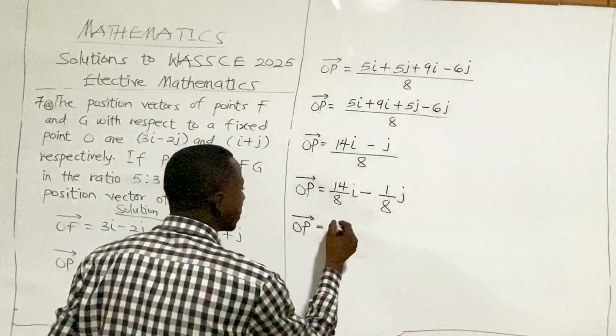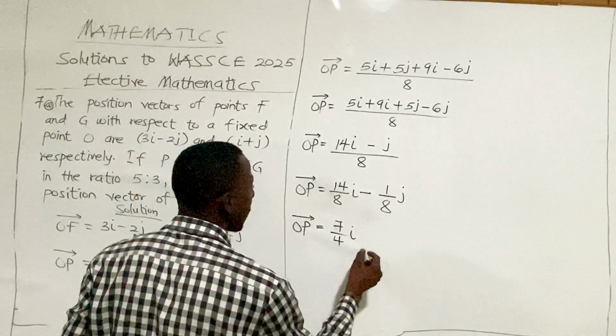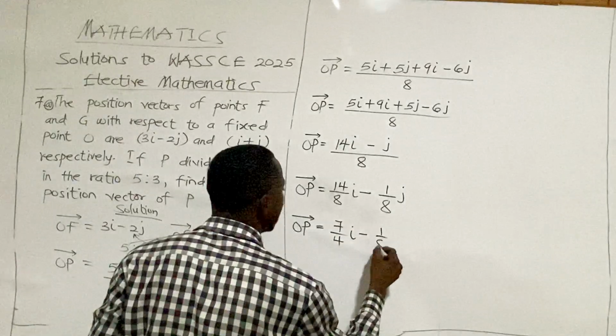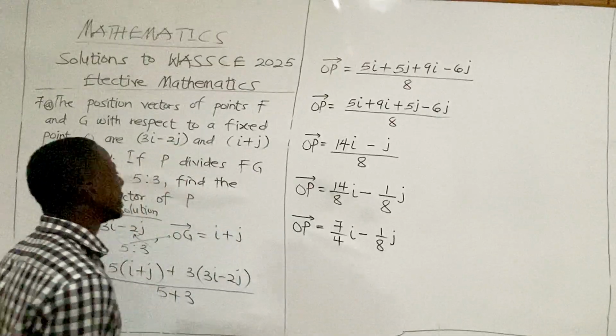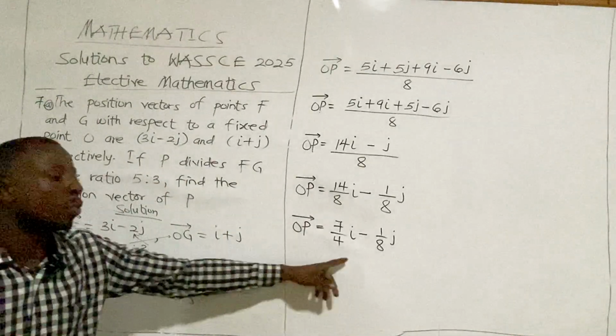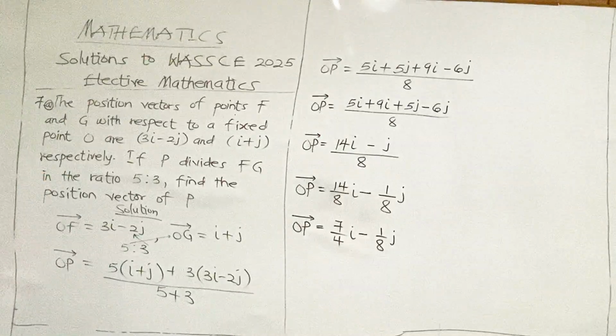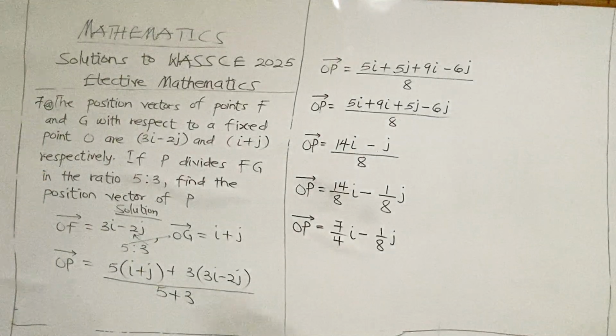So we are going to get 7 over 4 i minus 1 over 8 j. And this will be the position vector of P, which is OP. As simple as that. Now let's look at 7B.